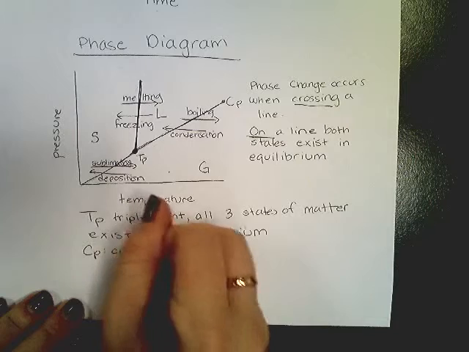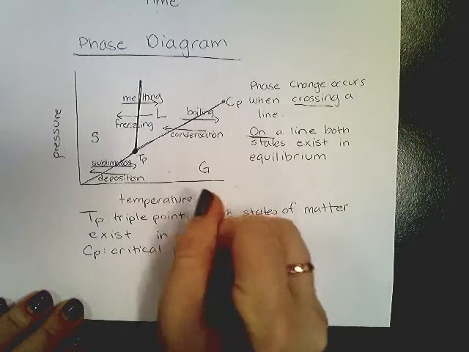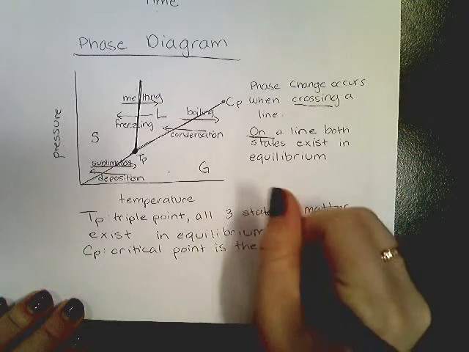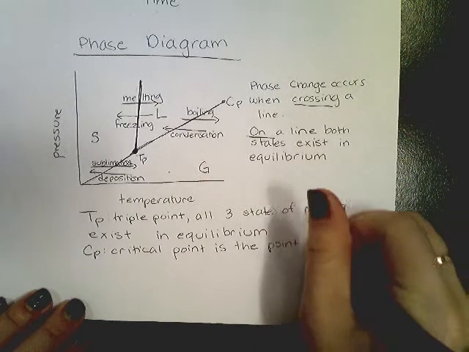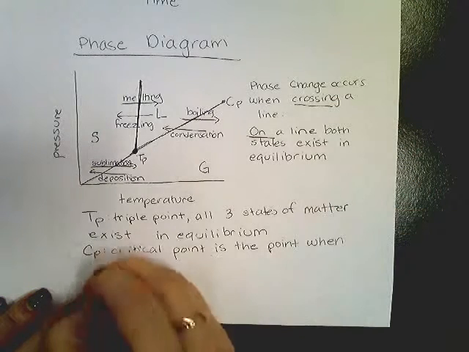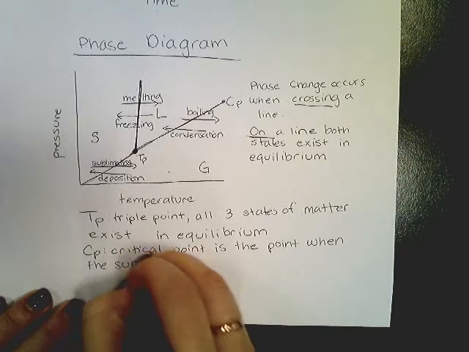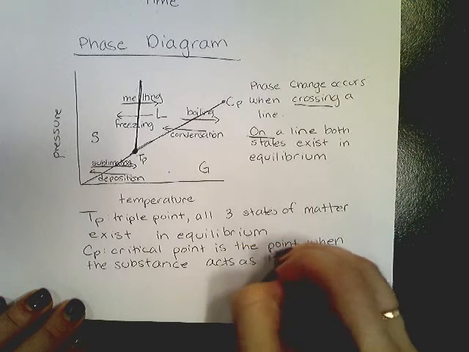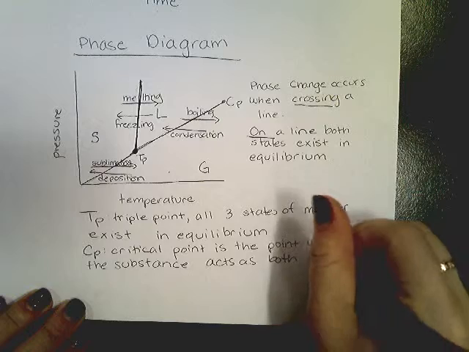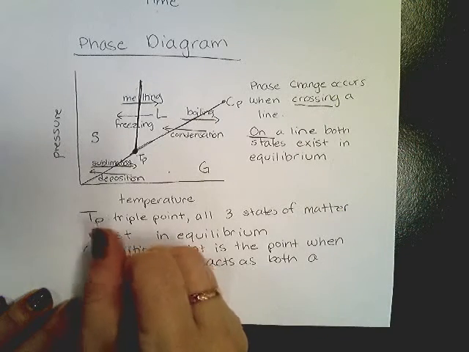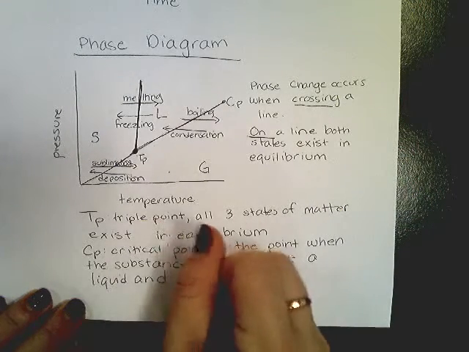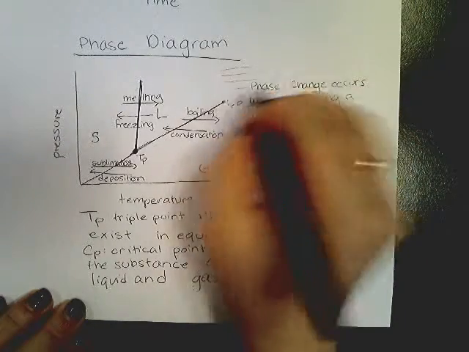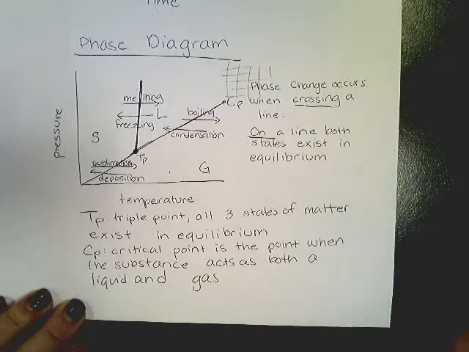At the critical point, it's the point when the substance acts as both a liquid and gas. So anything past this point in this area is going to be a supercritical fluid.